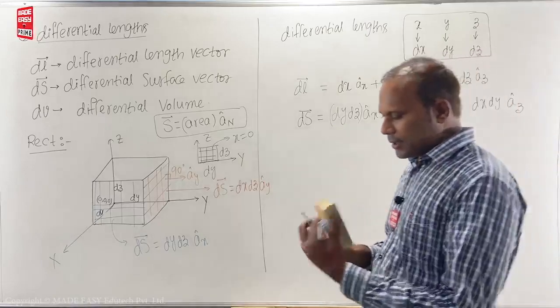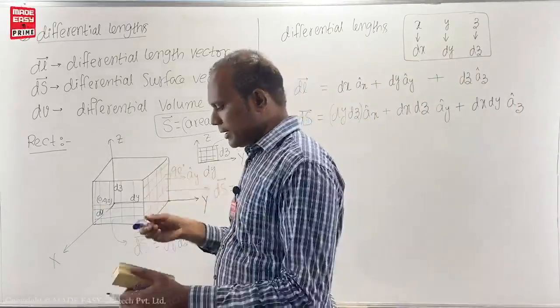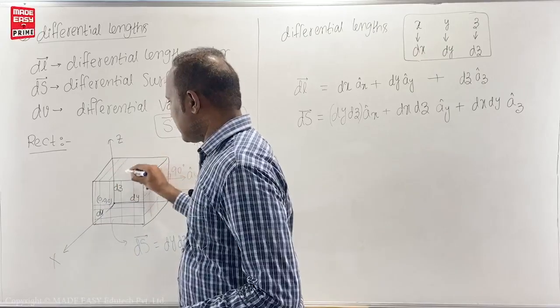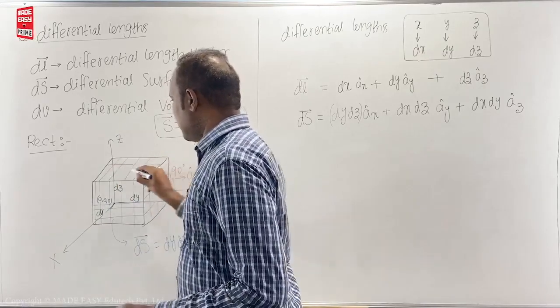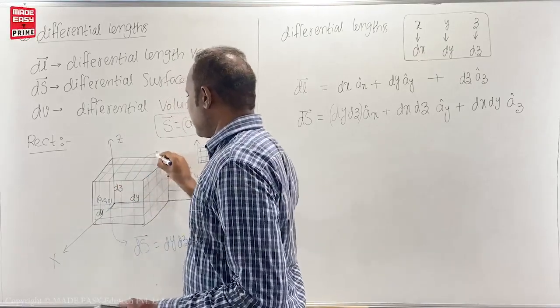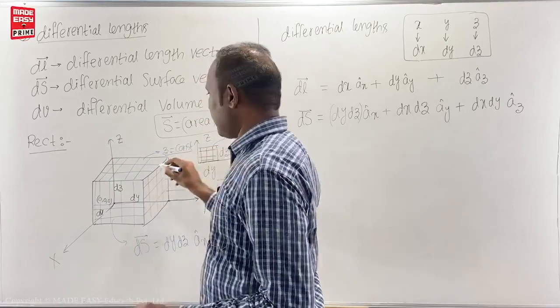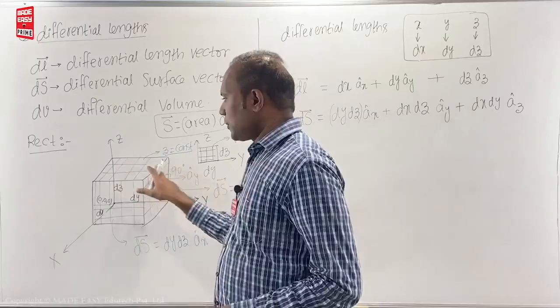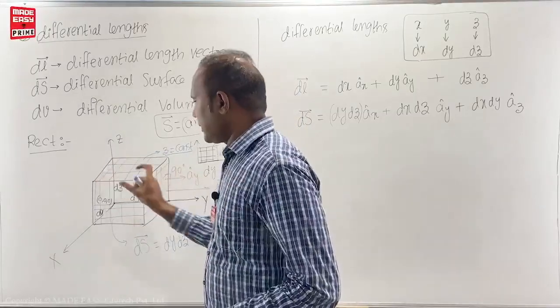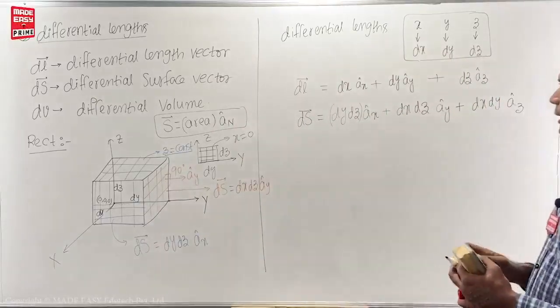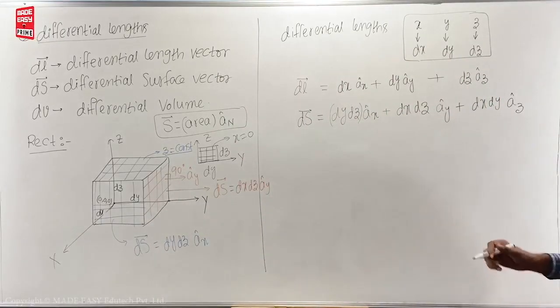That is the top surface actually. For this surface z is constant. So for top surface, this is dx and this is dy. So dx into dy.